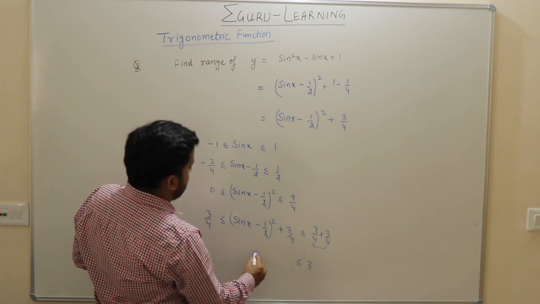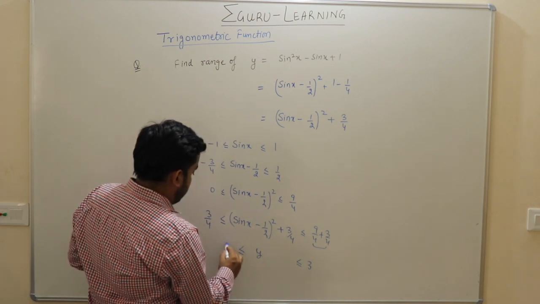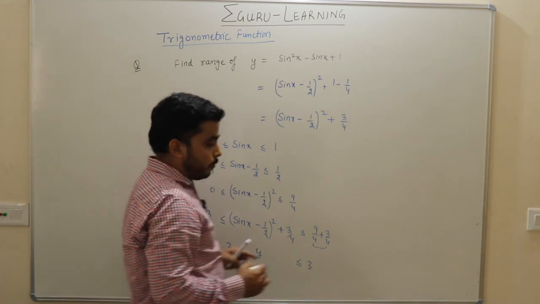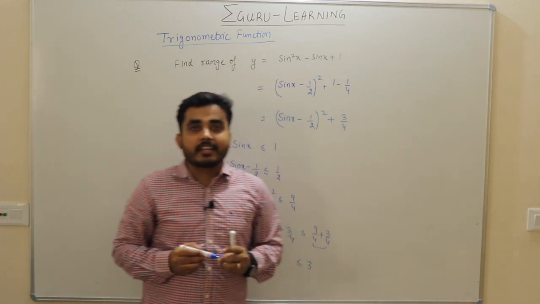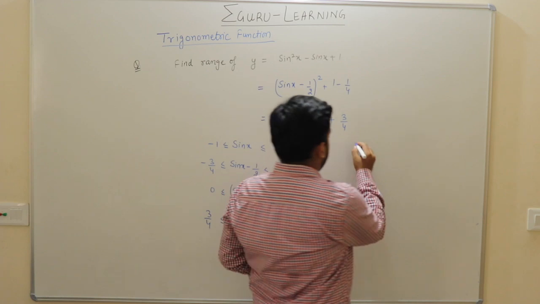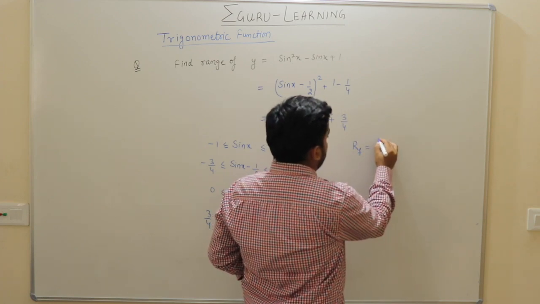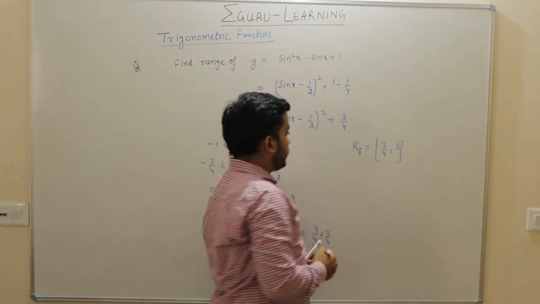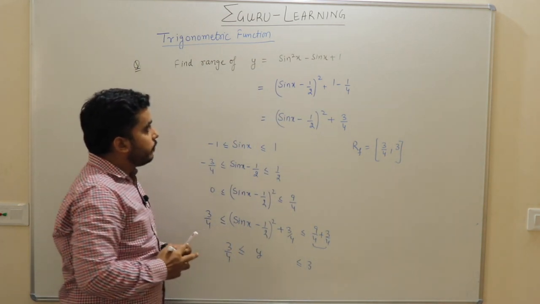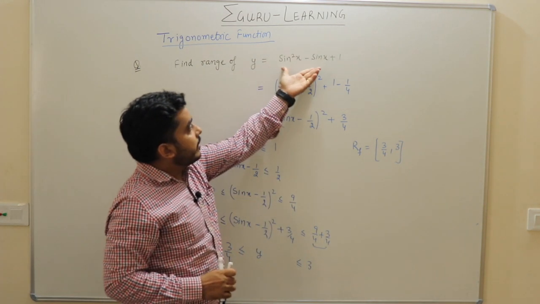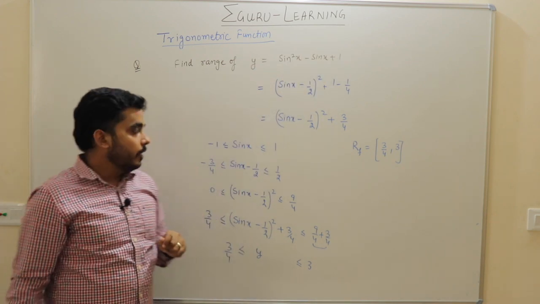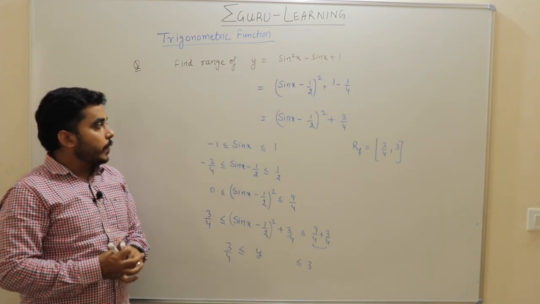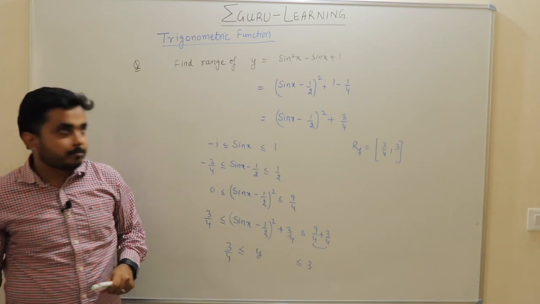Hence the function, this was y, is going from 3/4 to 3. That means the range of the function is from 3/4 till 3. So this is how we can find out the range of these types of functions where trigonometric functions are involved. Okay, now let us move quickly to the next question.